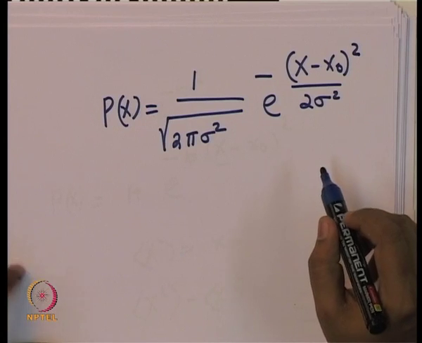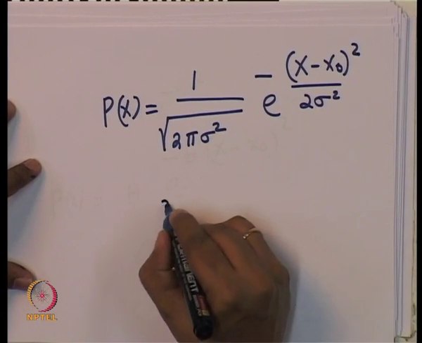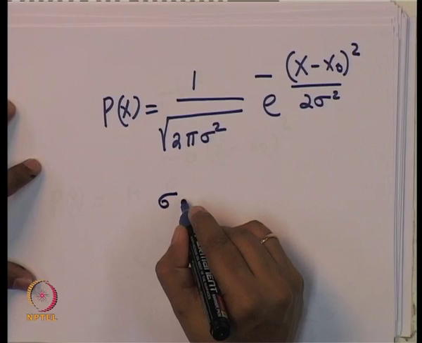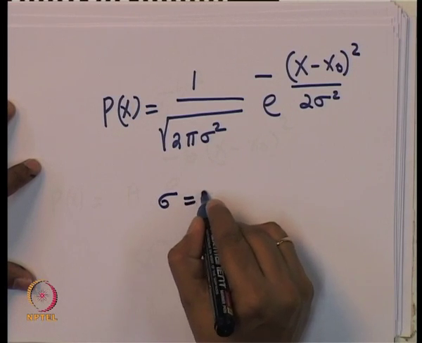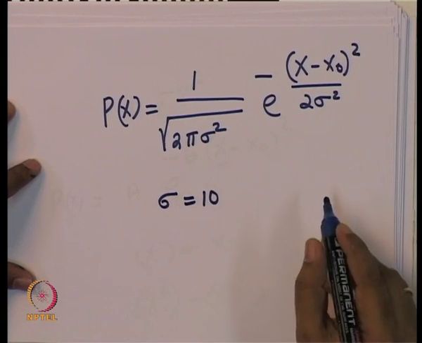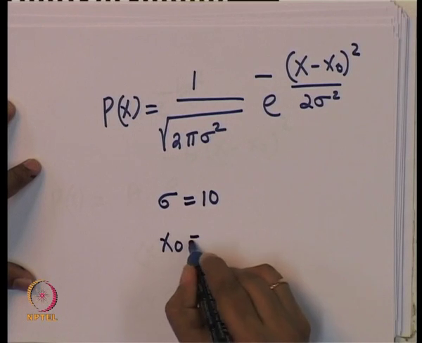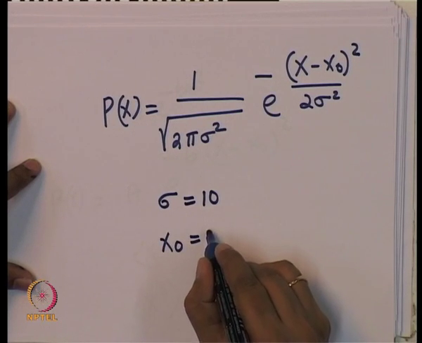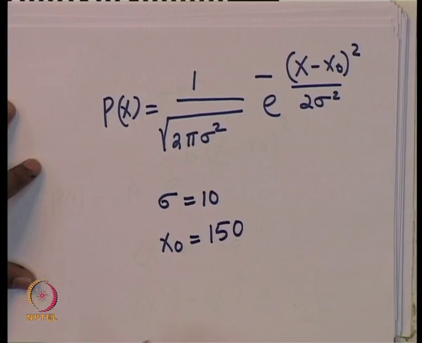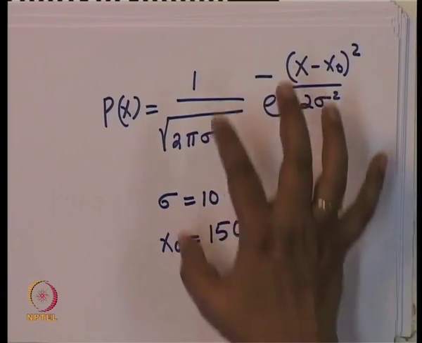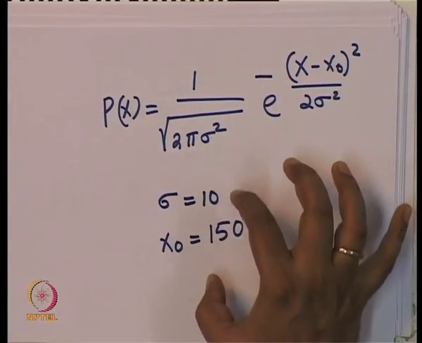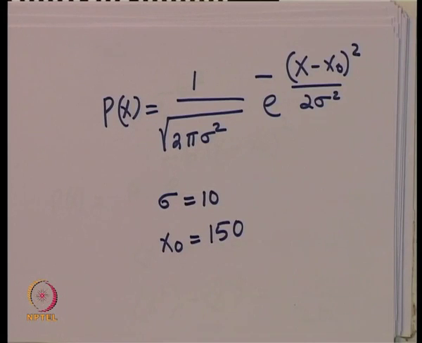Let me take some particular values: sigma equal to 10, so sigma square is 100, and x 0 equal to 150, just some two values. Plotting this function by taking these two values, you get what we had plotted earlier.